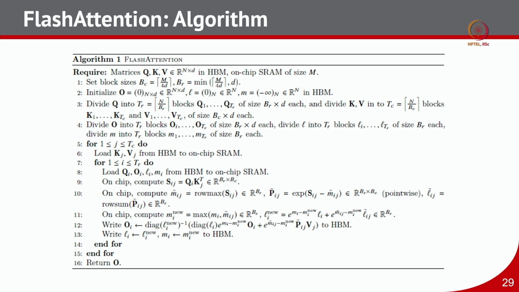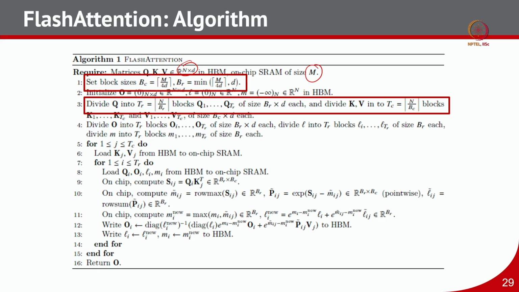So, you see this FlashAttention requires the matrices Q, K, V in HBM, and let us say the on-chip SRAM is of size M. Now, with this N, D and the on-chip SRAM of size M, we can set the block sizes, which are BC and BR, okay. That is the block size which has to be fetched from the HBM, right.